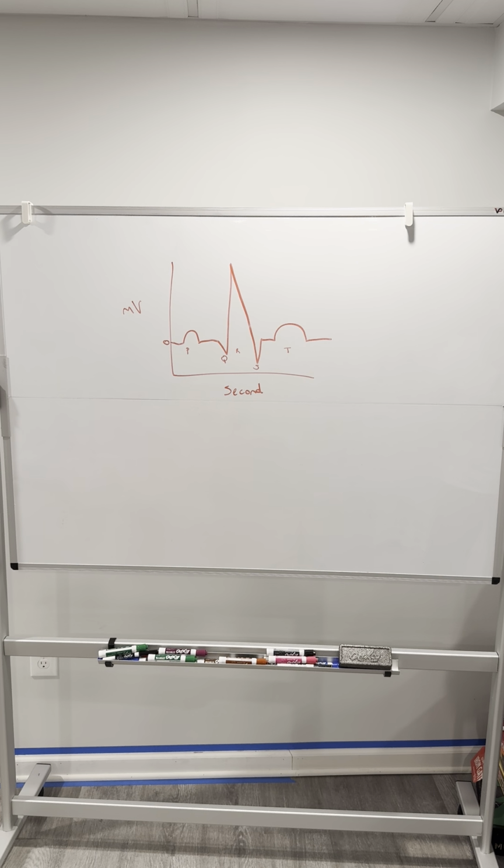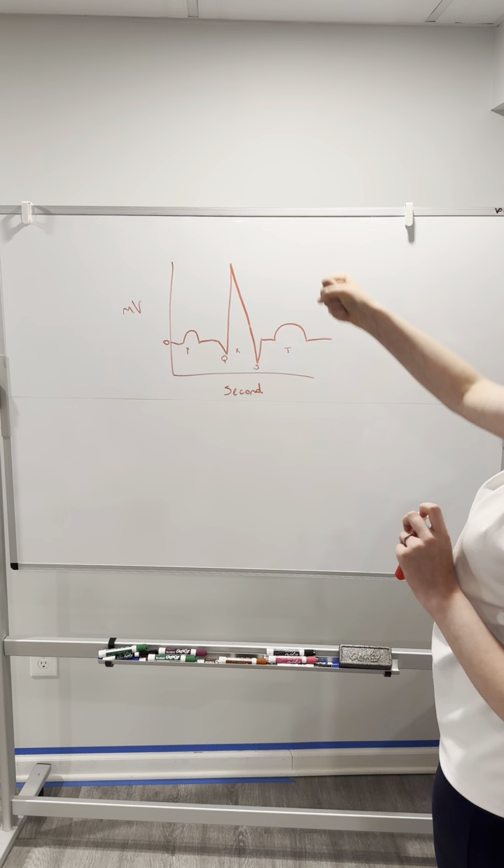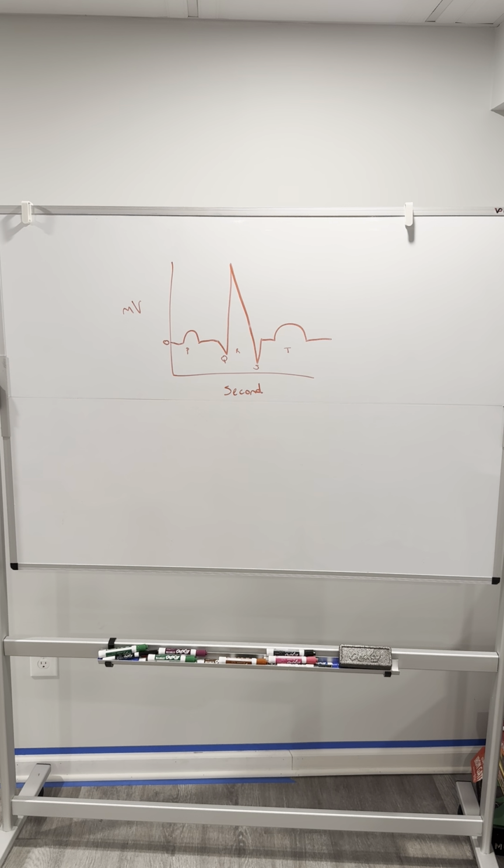Pressure: our pressure is going to increase a lot during ventricular systole. We have a lot of pressure trying to push that blood out of the ventricles. So that's where you'll see the highest pressure increase there.